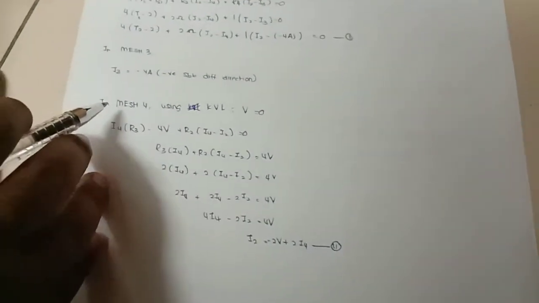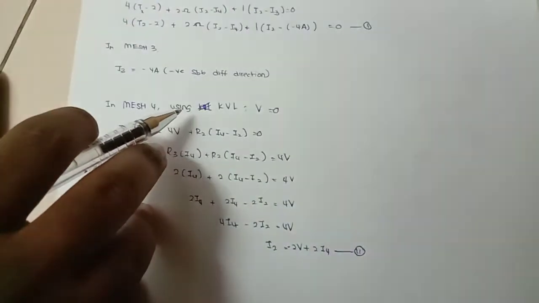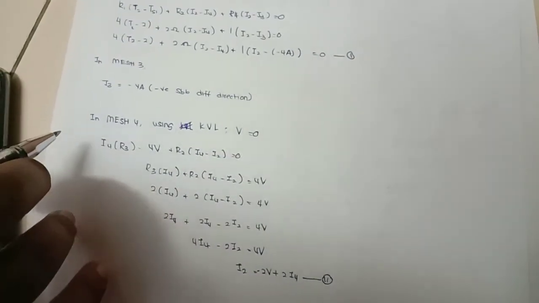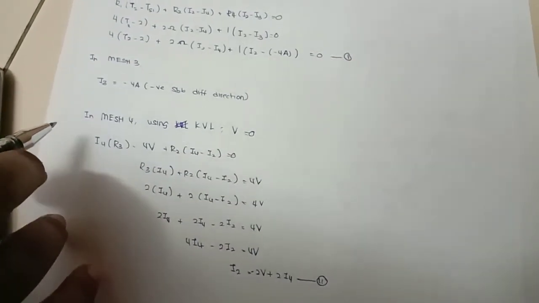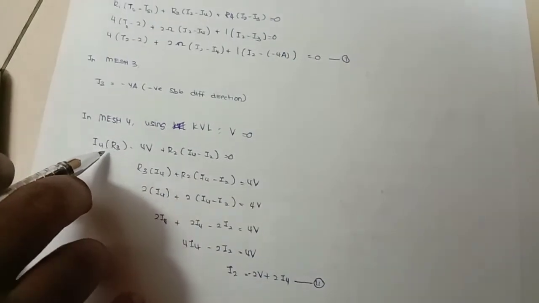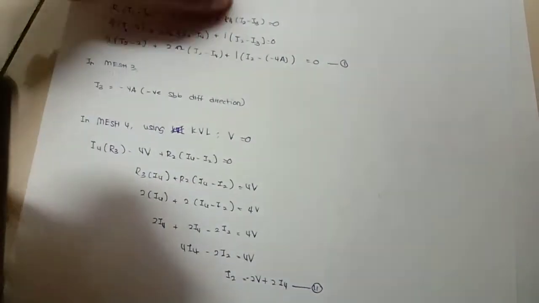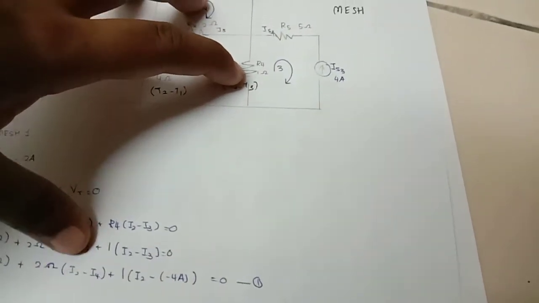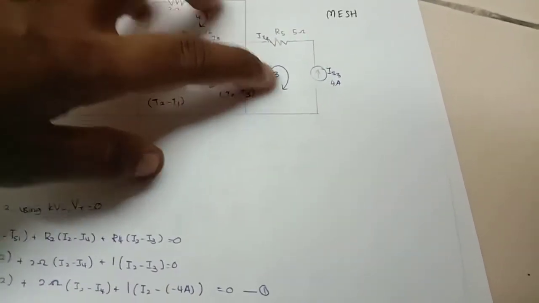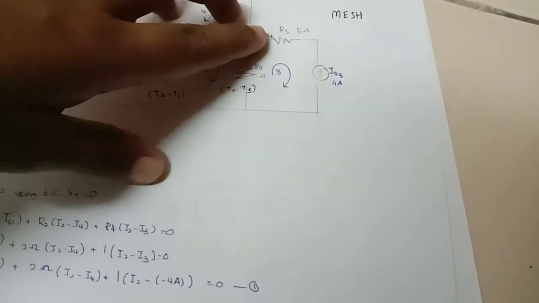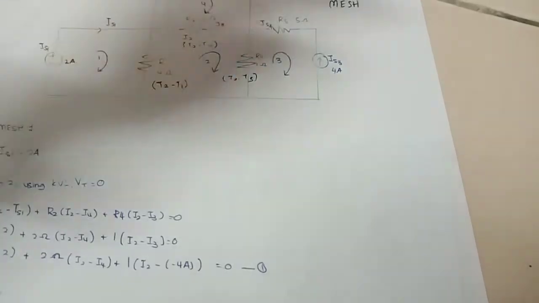In mesh 4 we are using Kirchhoff voltage law again. So we are going clockwise. So I4 times R3 minus 4 volts, and then plus the resistor at 5.